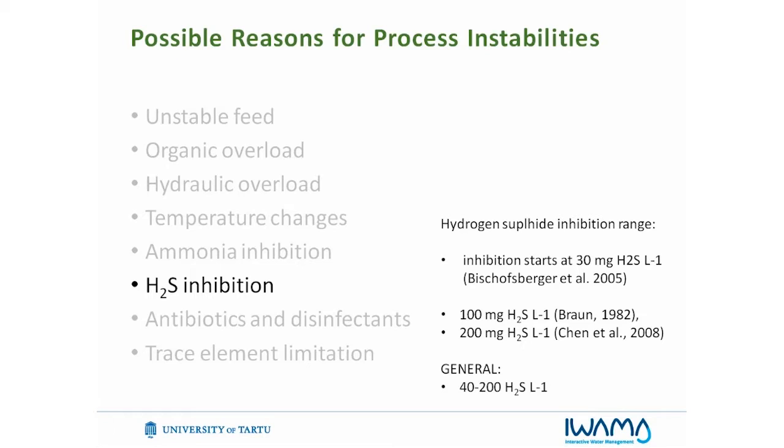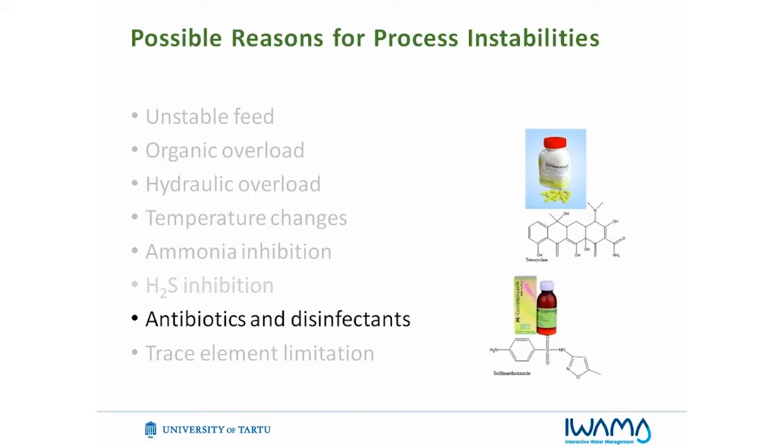It's also dependent on the pH level, because really the inhibiting part, as in ammonia, is NH3. In this case, it's the neutral molecule H2S. So this is lower at lower pH, so the H2S toxicity comes earlier with the lower pH. H2S and ammonia can also be measured in the biogas.